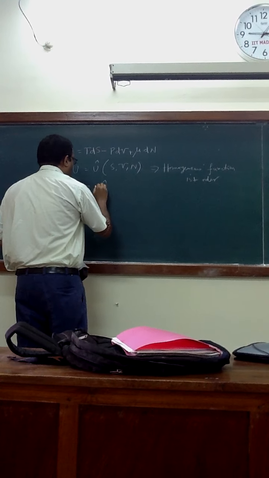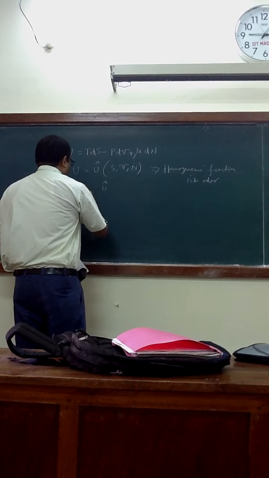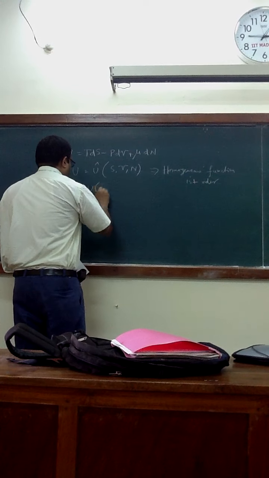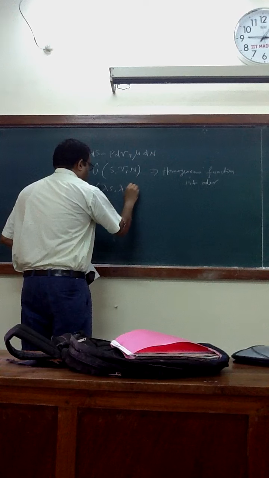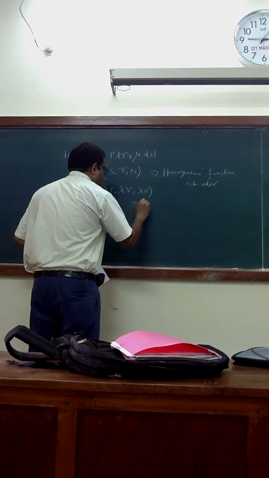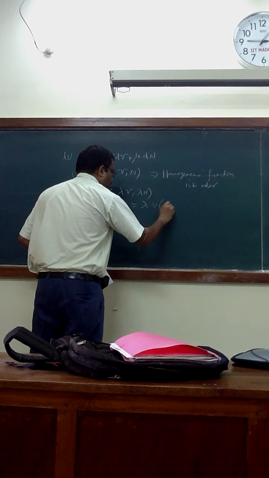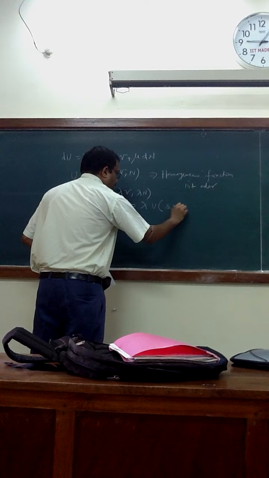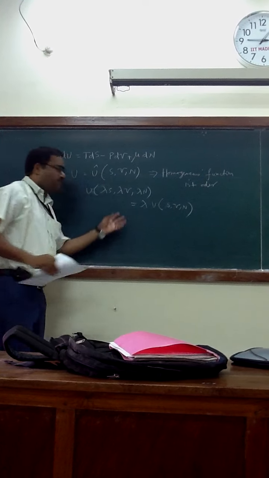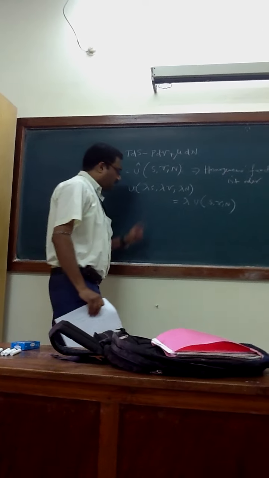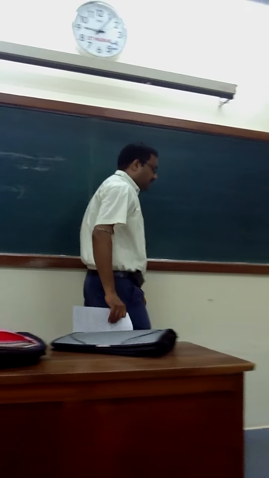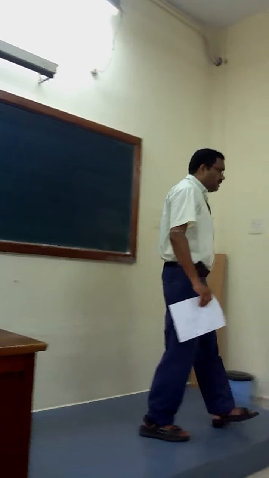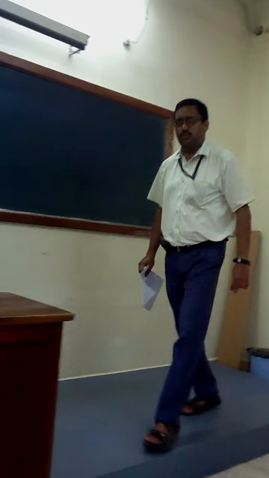You can write U of lambda S, lambda V, lambda N equals lambda U of S, V, N. What does it mean physically? Physically it means that this S, V, N are extensive variables, that means they depend on mass or the number of moles.